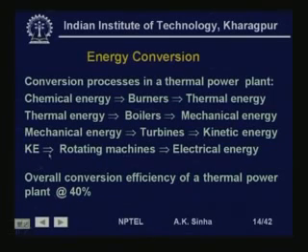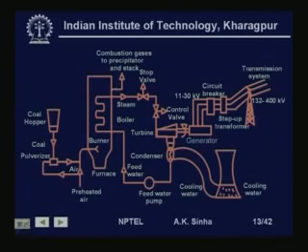The kinetic energy of the rotation is converted into electrical energy in the rotating machines, which is mostly a three-phase synchronous machine, and the overall conversion efficiency of the thermal power plant is about 40% only. If we see here, 10% goes out here and almost 50% goes out here. So what we get out here is only around 40%.